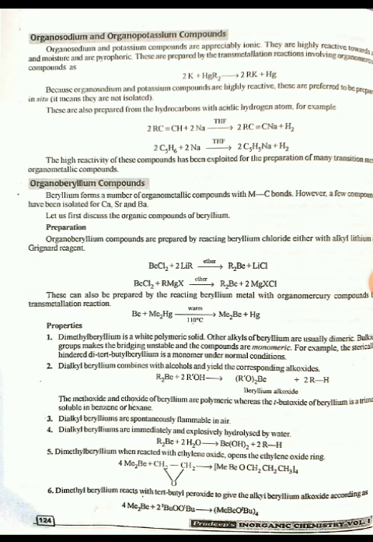Third, dialkyl berylliums are spontaneously flammable in air. Fourth, dialkyl berylliums are immediately and explosively hydrolyzed by water. Fifth, dimethyl beryllium, when reacted with ethylene oxide, opens the ethylene oxide ring. Sixth, dimethyl beryllium reacts with tert-butyl peroxide to give the alkyl beryllium alkoxide.